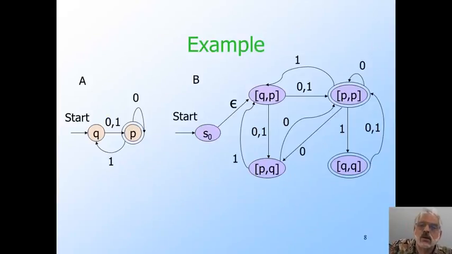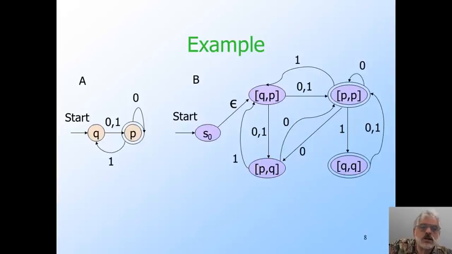Here's a little example. I'm not going to go over every transition of B on the right, but I invite you to pause the video and study it if you like. First, A is this two-state DFA on the left in orange, and B is the epsilon NFA in purple on the right.